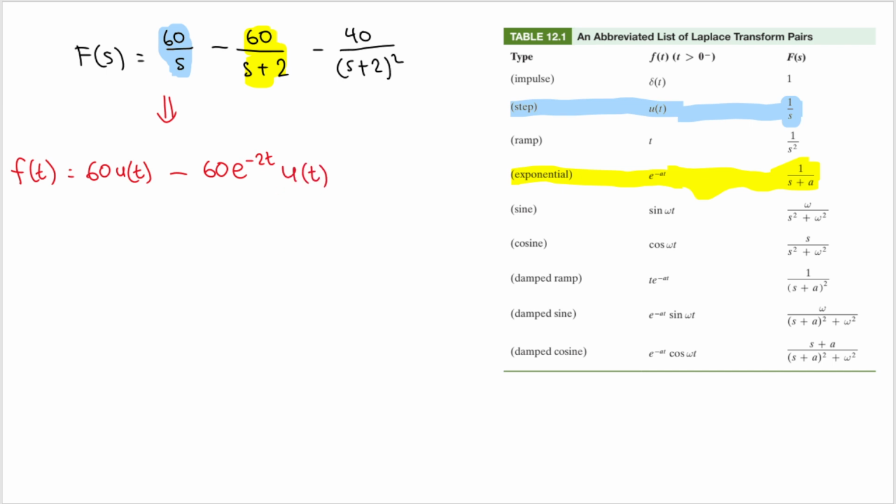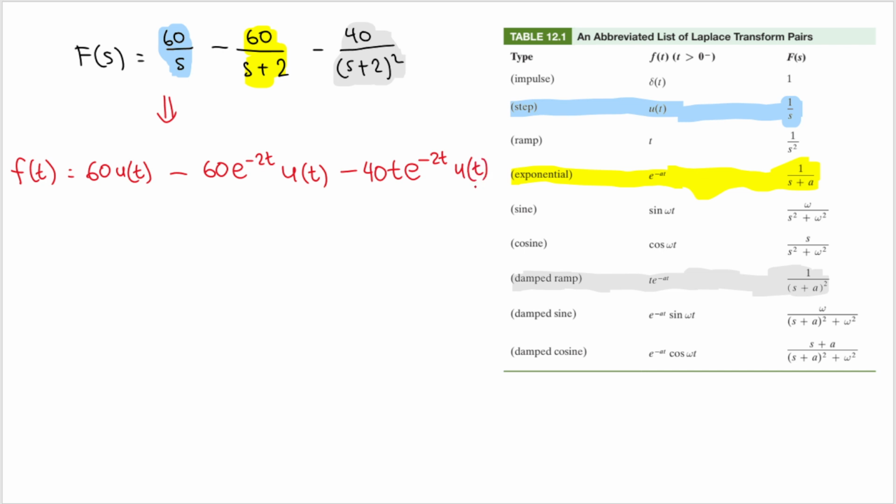And now lastly, the last term, 40 over (s plus 2) squared, which is the ramp-exponential function. Therefore, we will have minus 40t e to the minus 2t u(t).